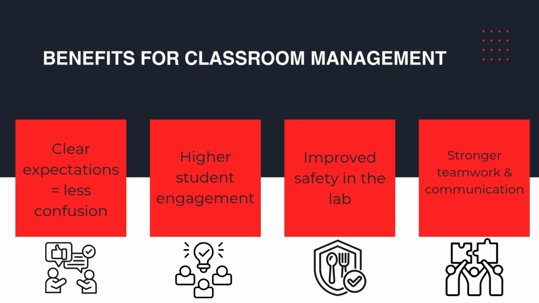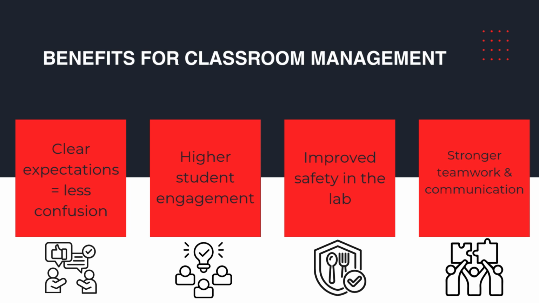When student partnerships are intentionally structured, it has a direct impact on classroom management in several ways. It reduces confusion and chaos because when each student has a clearly defined role, they know what is expected and their responsibilities. This reduces questions, hesitation, and disorganization. It increases engagement because every student has an active role. This keeps them involved and focused.